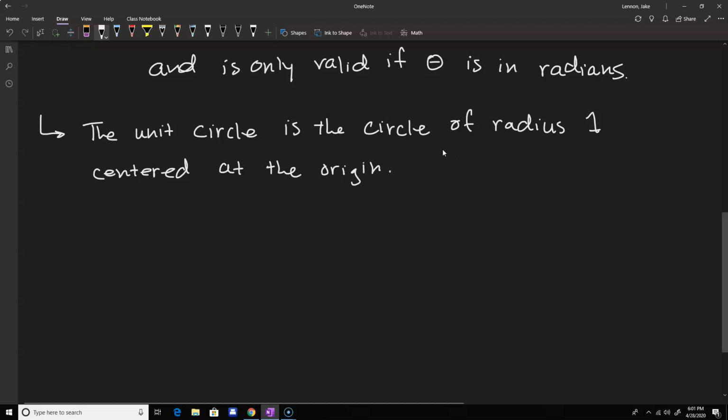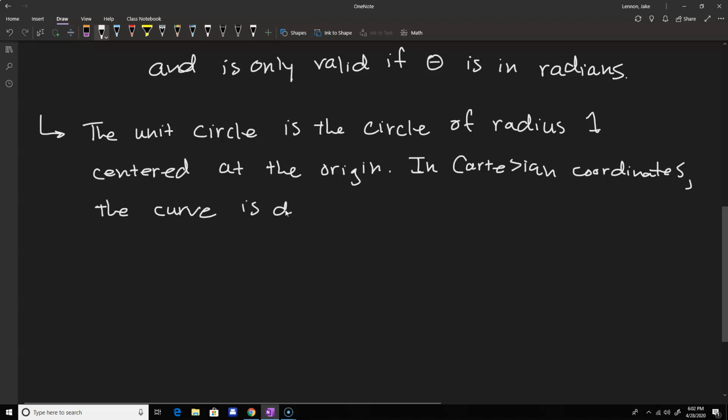So in Cartesian coordinates, the curve can be described by the equation x squared plus y squared equals 1.